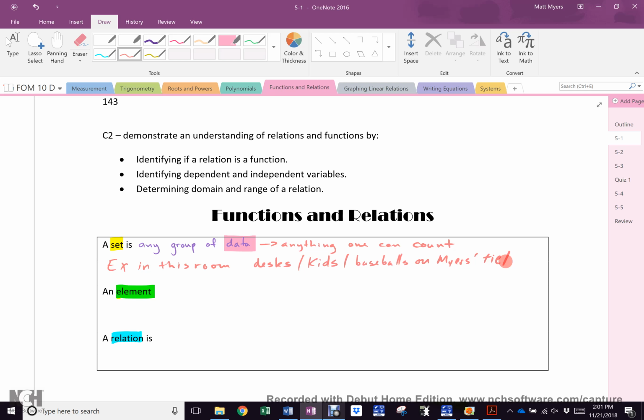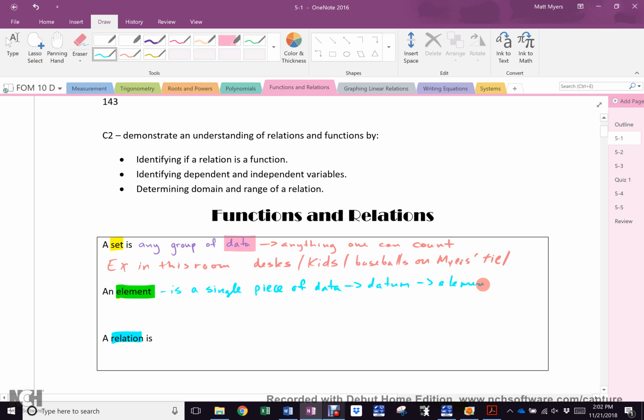Everybody cool? All right. An element is a single piece of data. The proper word for that, as I just told you, is a datum.